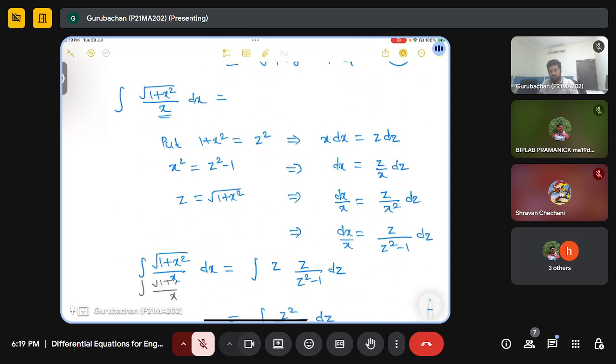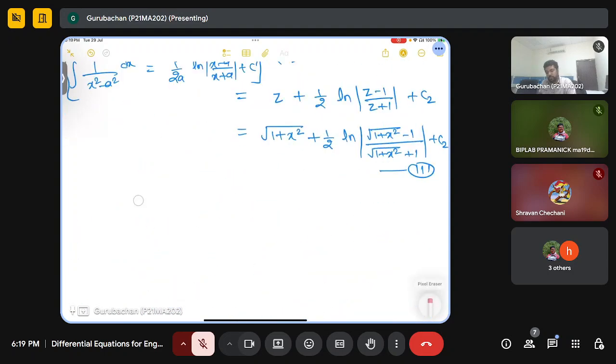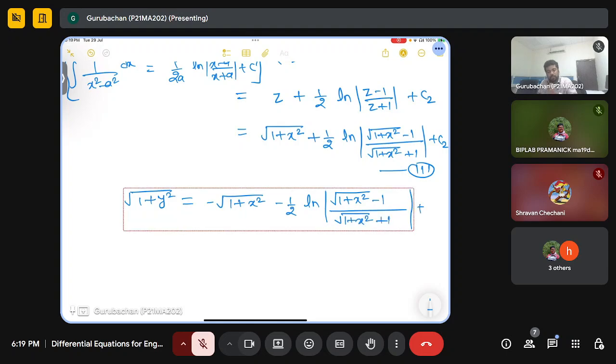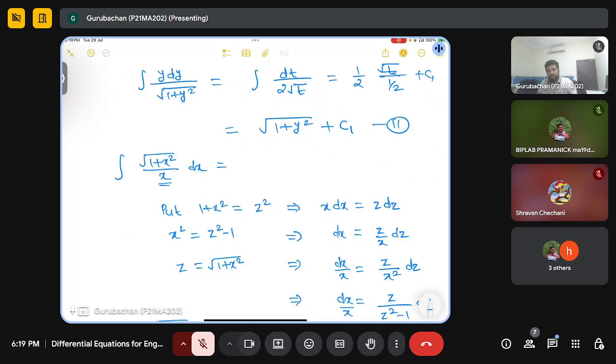So first one is under root 1 plus y square, which is equal to, with negative sign since it was in negative sign in the first equation, ln of under root 1 plus x square minus 1 divided by under root 1 plus x square plus 1, plus the constants.